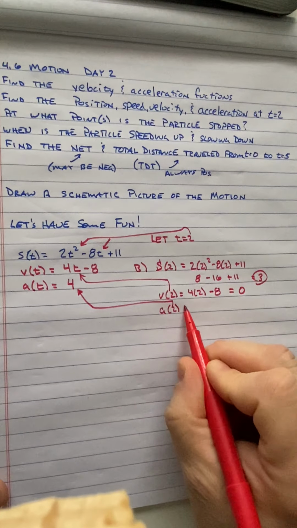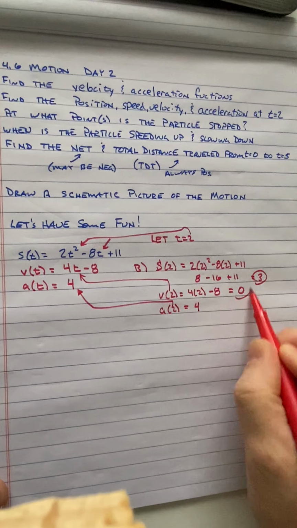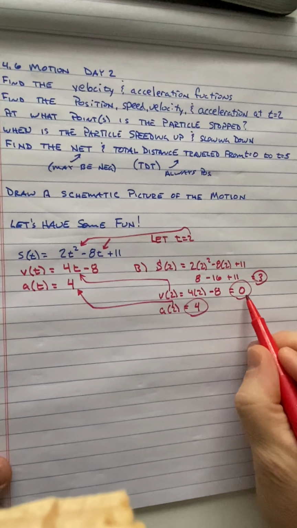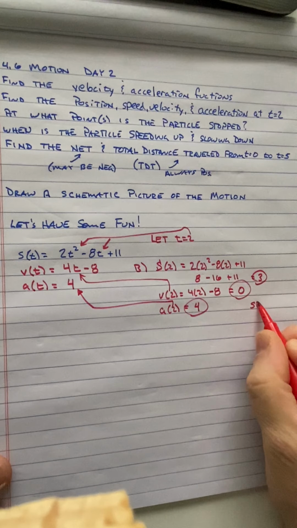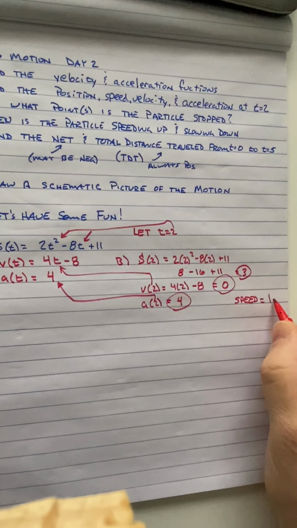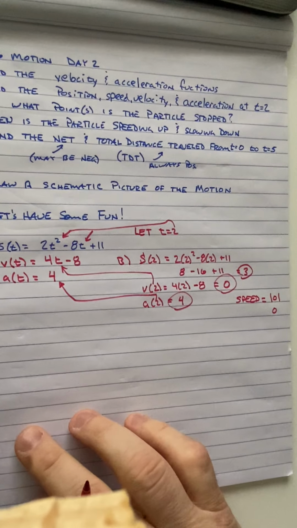So the acceleration at t equals 2 is 4. Is that okay so far? We have to find one more value there. It says find the speed at t equals 2. The speed is always the absolute value of the velocity. So in this case, the speed is the absolute value of 0, which is 0. It stopped, so its speed is also 0.